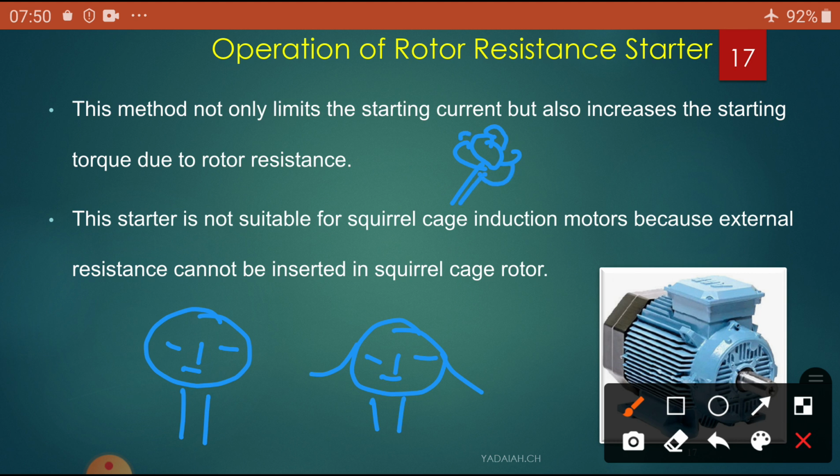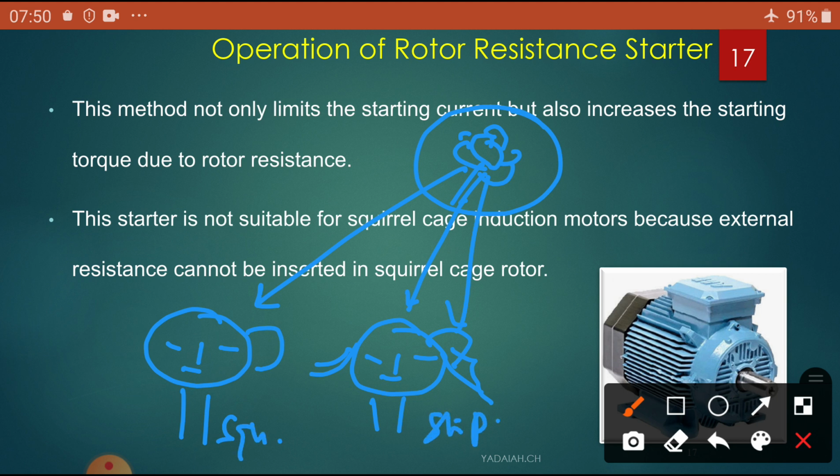She can use the flowers, but what is the need for him? He cannot place any flower in his head, whereas the girl can use the flower here. That means the rotor rheostat can be used. This is a squirrel cage induction motor, and this is a slip ring induction motor.